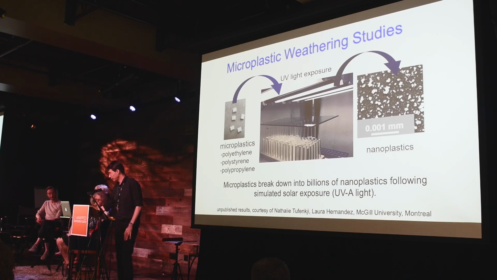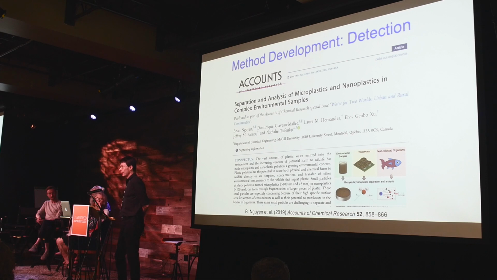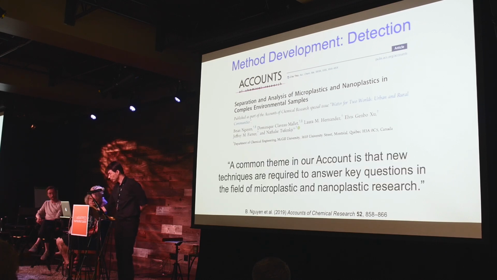Nathalie and her team also work on methods for detection and quantification of nanoparticles in the environment, in complex samples, for example from wastewater treatment plants. This is a nice review paper they just published this year in Accounts of Chemical Research. Here I also want to read you one quote.